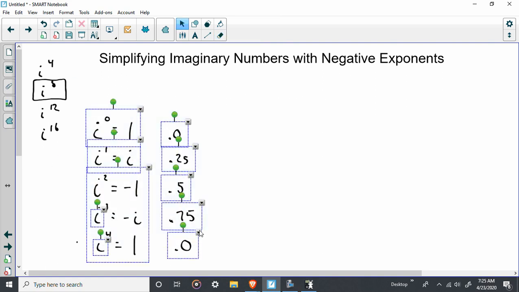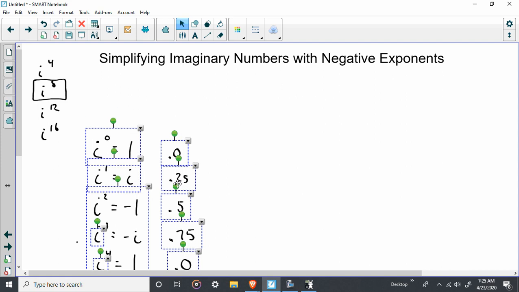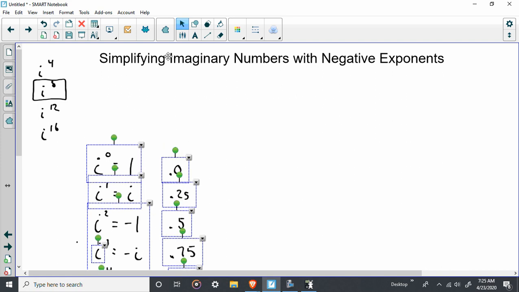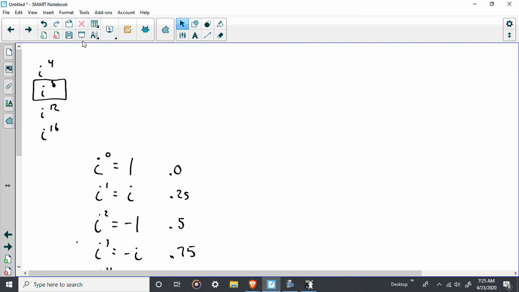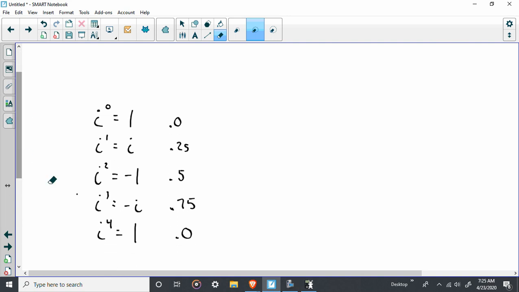You can follow the pattern, but the problem is that the numbers are going in different orders. This pattern will continue: 4, 3, 2, 1, 0, negative 1, negative 2, negative 3, negative 4.